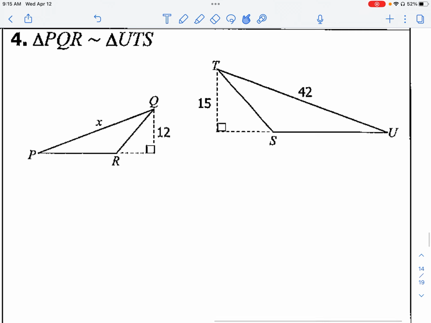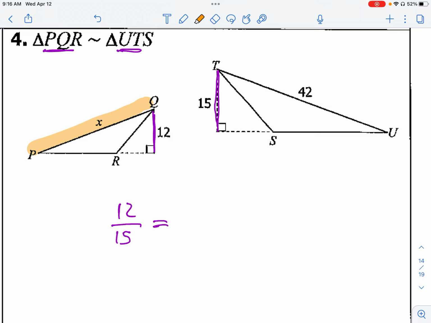Now here, we have to remember that sometimes an altitude is outside the triangle. That still makes it an altitude of the triangle. They are still proportional. So we are going to get 12 over 15. PQ and UT go together. PQ is our x, and TU is our 42.